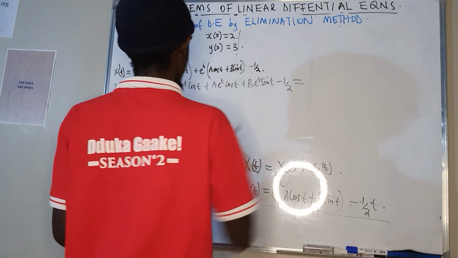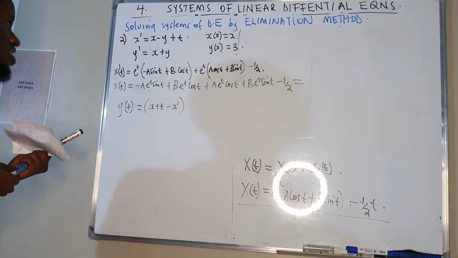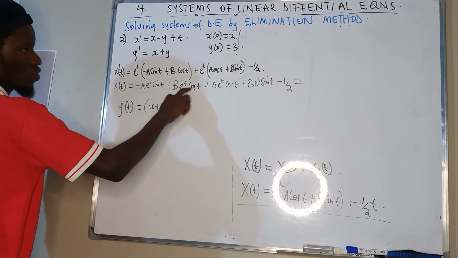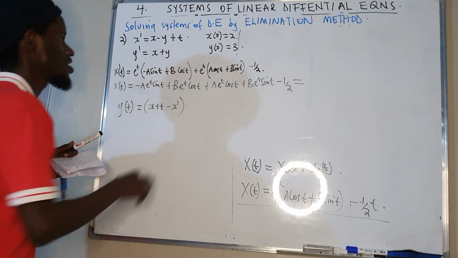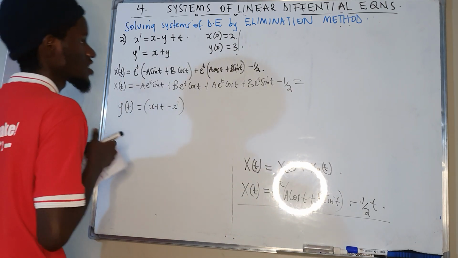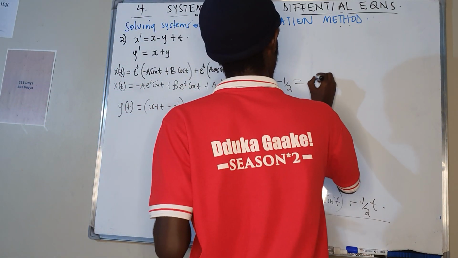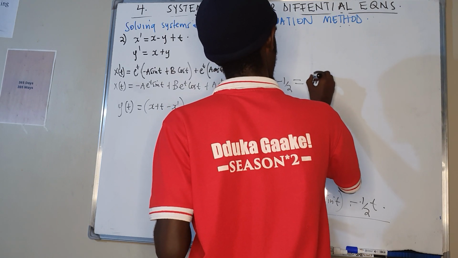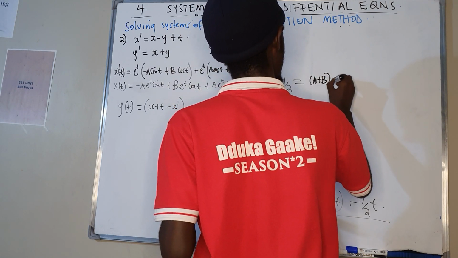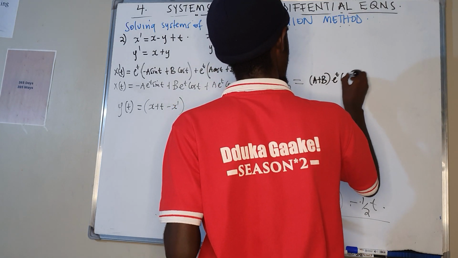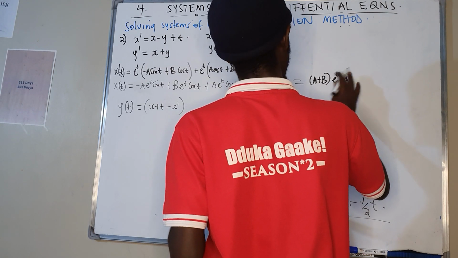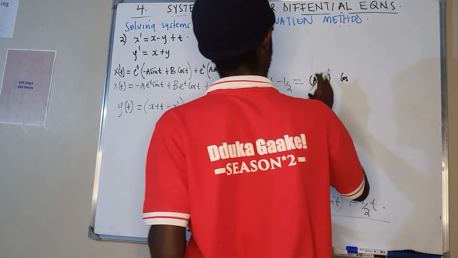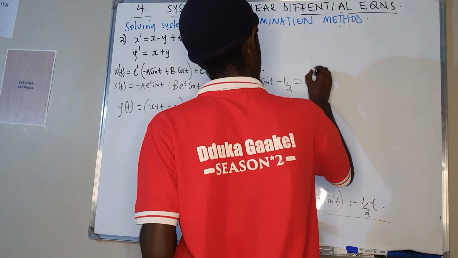Now this is the same thing as, if I want to put the terms with cos together, this is cos, this is cos. I have something like a plus b, e power t cos t. Yes, e is common, so I have e power t outside.